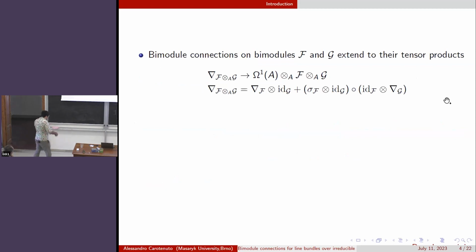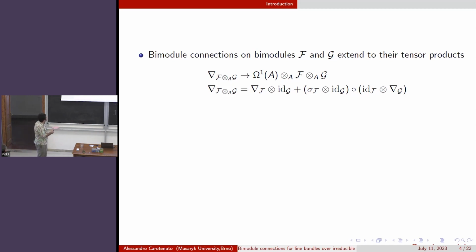And why are these important? Not only for a matter of symmetry between left and right action, they are relevant also for me at least, the main reason is that we are allowed in this way to define connections on tensor products of bimodules. So if I have two bimodules F and G, and I have bimodule connections on both of them, I can extend my connection to their tensor product.